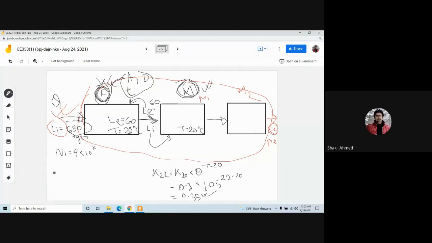So you can write Le equals Li divided by 1 plus K into T facultative, because first it gets the facultative pond.